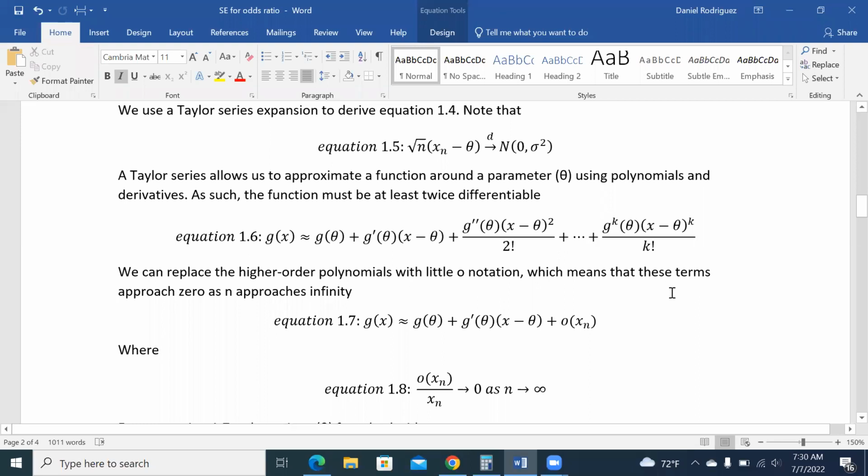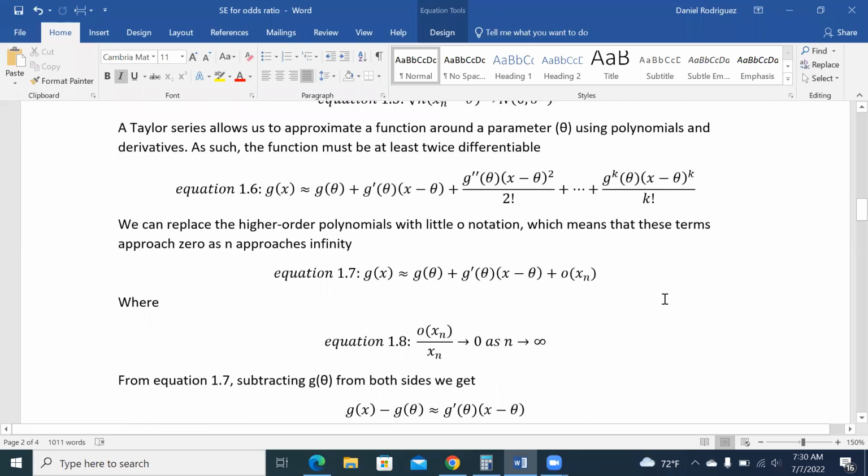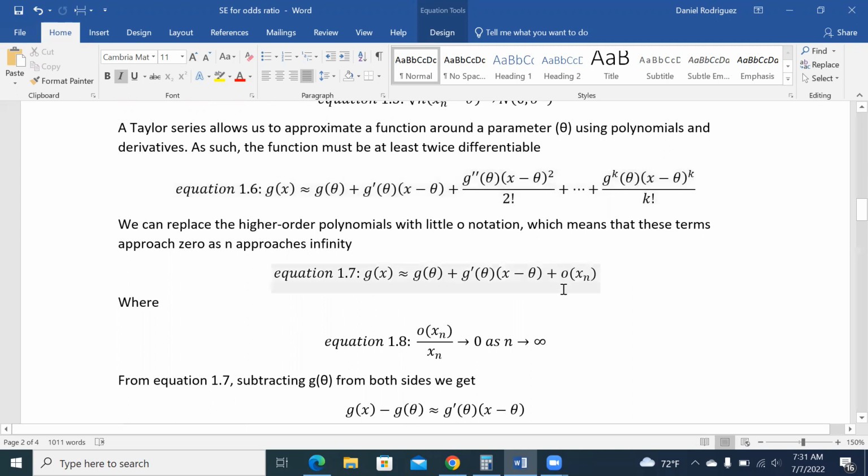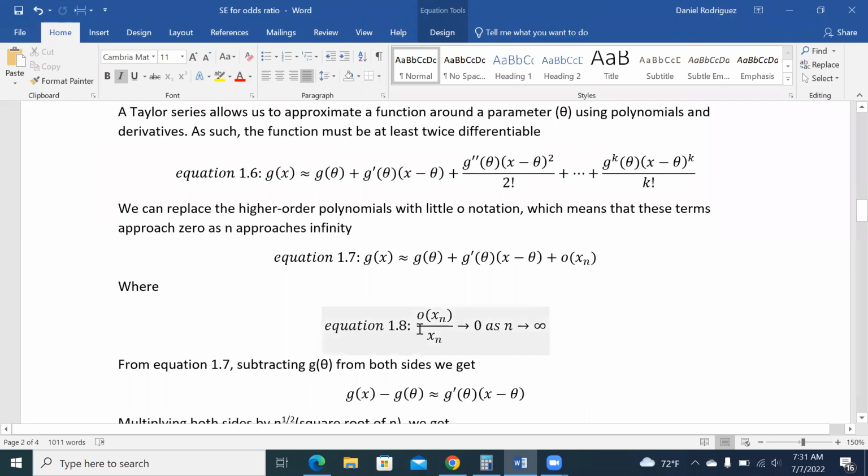So what we do is, and this has been interesting to me, because in computer science there's this little o and big O notation that can be used to deal with these infinitely progressing terms that really don't do a lot, right? I mean, they help, but they don't do a ton in terms of what we need here. So according to this little o, some function g of x equals o of x sub n divided by x sub n.